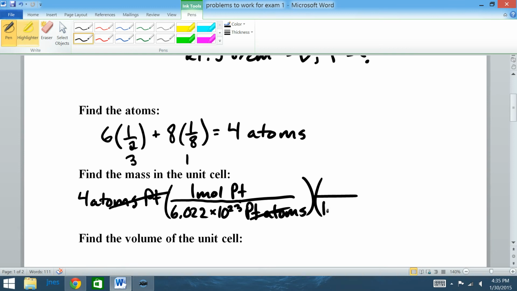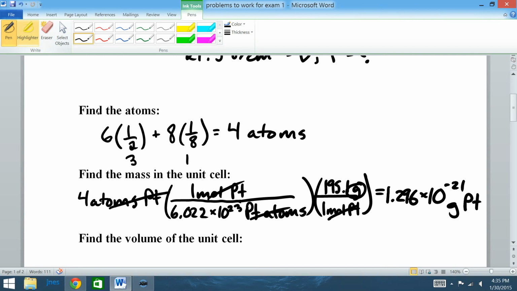So we want moles to cancel, so for every 1 mole of platinum, 195.1 grams. So moles of platinum cancel, we're left with grams, and that's going to take the 4 multiplying by 1 over Avogadro's number, and then multiplying by 195.1, and that gives us 1.296 times 10 to the minus 21st grams of platinum.